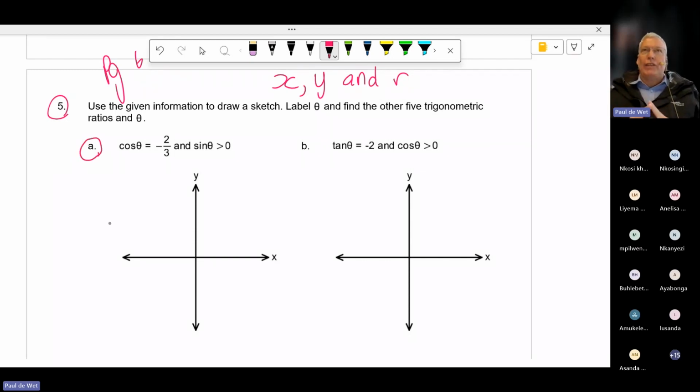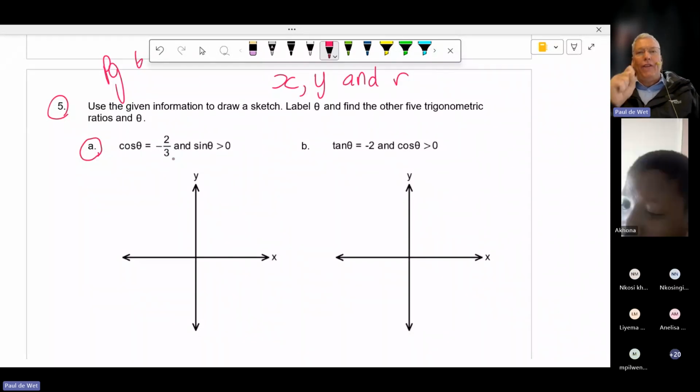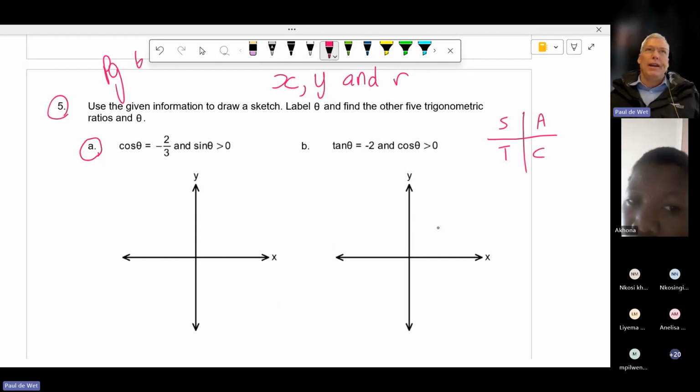We've answered questions like this. We know that cos is negative 2/3 and sine is positive. There's only one quadrant I can be in. I'm going to draw this again to remind you, all sine, tan, cos. Which quadrant am I in? Cos, well done, halala, I'm in quadrant 2.